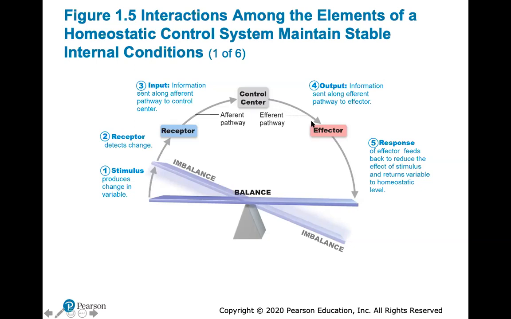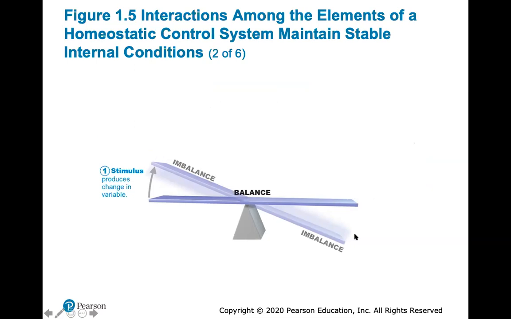And then the efferent is always the output pathway that gets sent to the effector to stimulate some sort of response to try to feed back to reduce the effect of the stimulus and return the variable to a homeostatic level. So this is an example of trying to maintain these stable internal conditions.